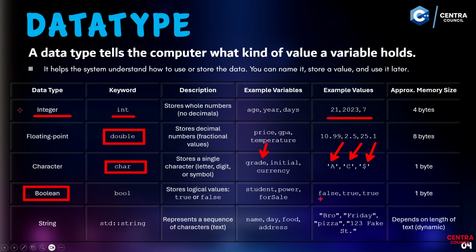You can either switch it on or switch it off. So true or false is a boolean value. And lastly we have what we call a string. A string represents a sequence of characters. In simple terms, anything inside double quotes would be a string. Then you can store your name, day, food, address, and so on and so forth.